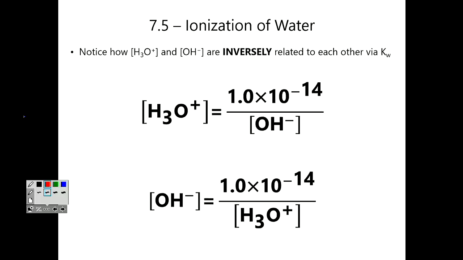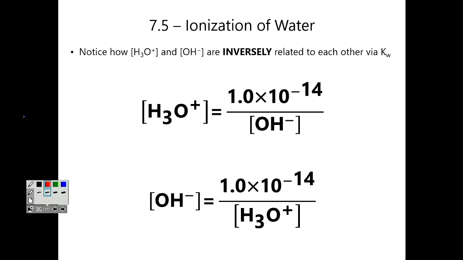Okay? So just to close, you can actually determine how much hydronium is present in a solution of a base by dividing Kw by the hydroxide concentration. You can determine how much hydroxide is present in an acid solution by dividing Kw by the hydronium concentration. Okay?